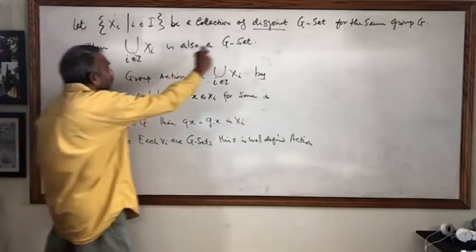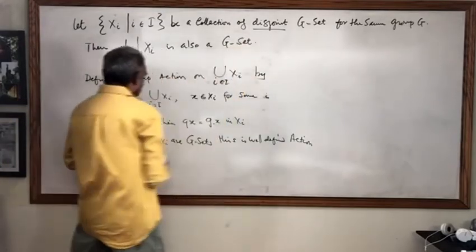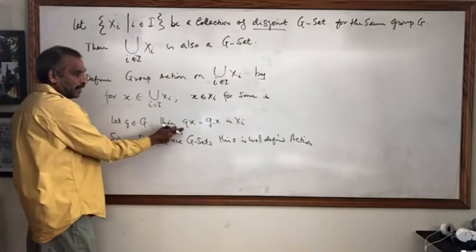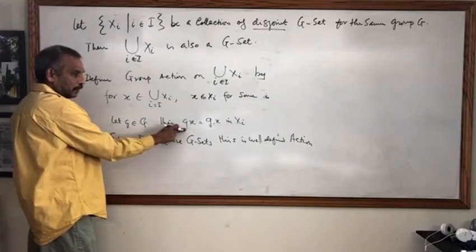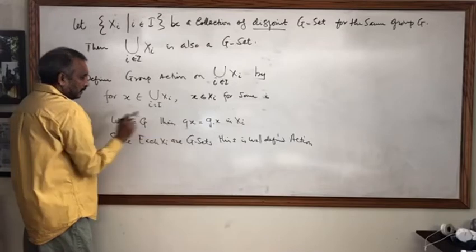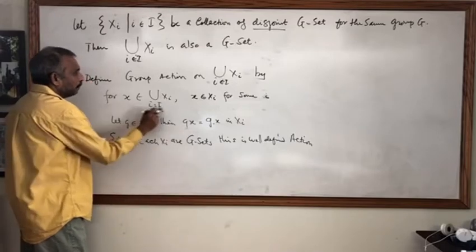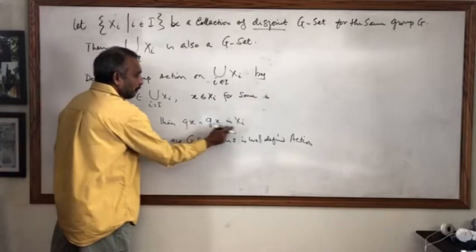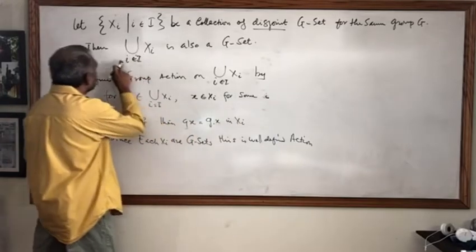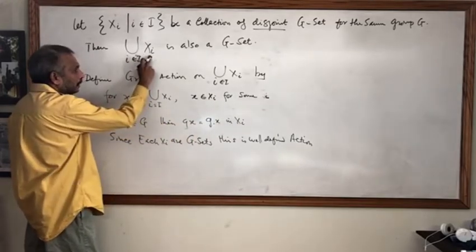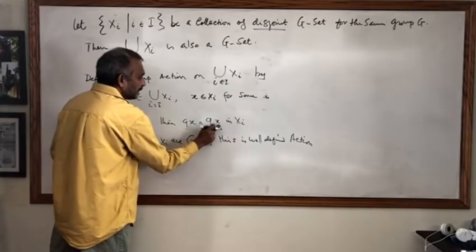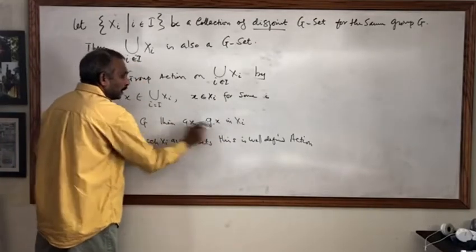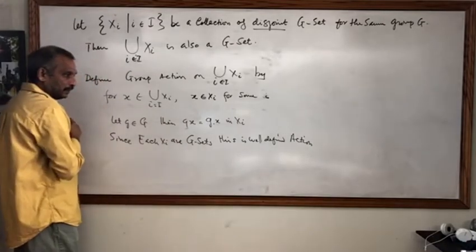See, if it is not disjoint, then this need not be a valid definition. This x is coming from the union and this x is coming from one single Xi. That is why this is well defined. If this x is coming from multiple Xi's, this won't be a valid definition.